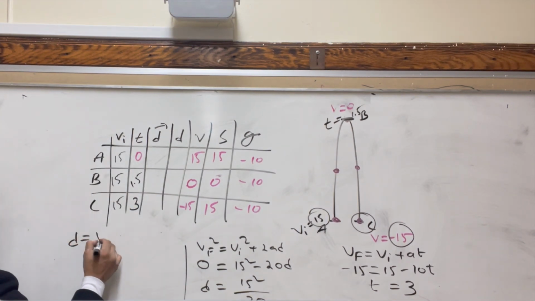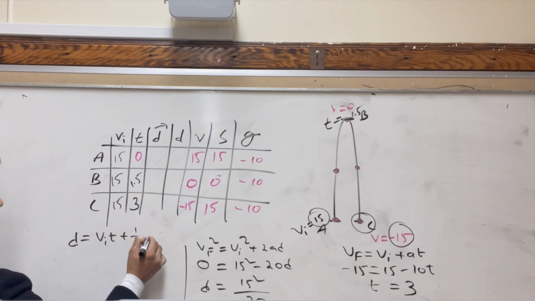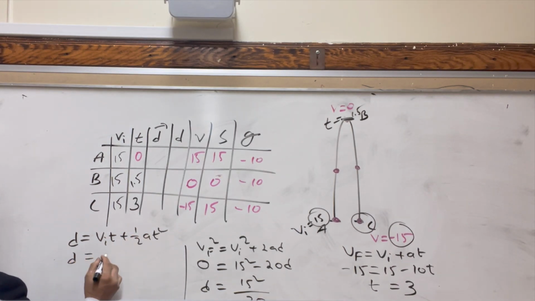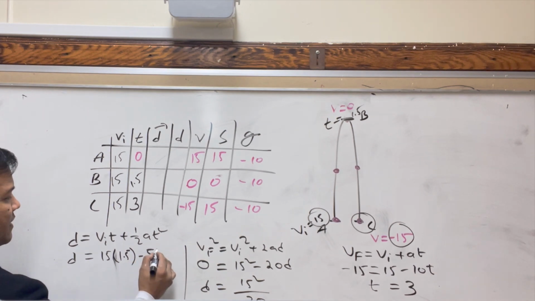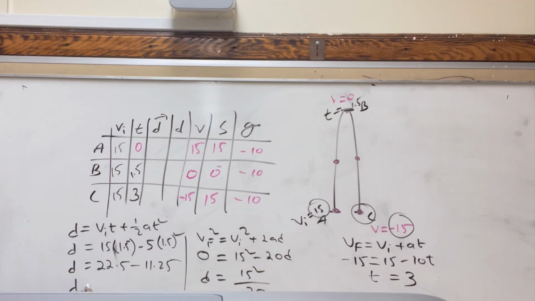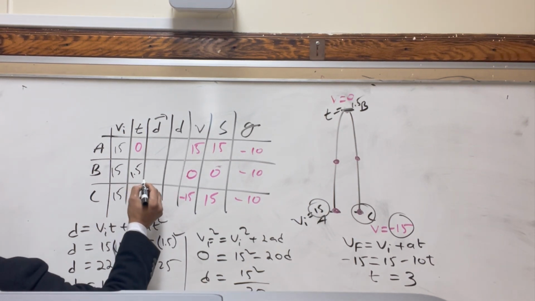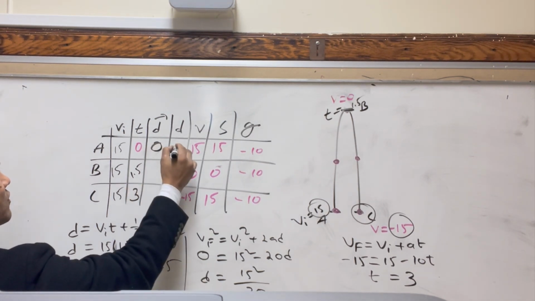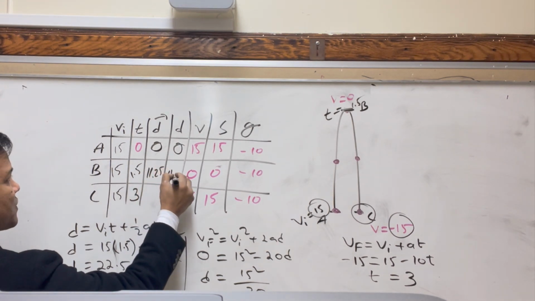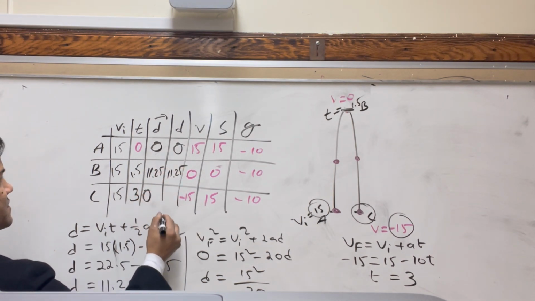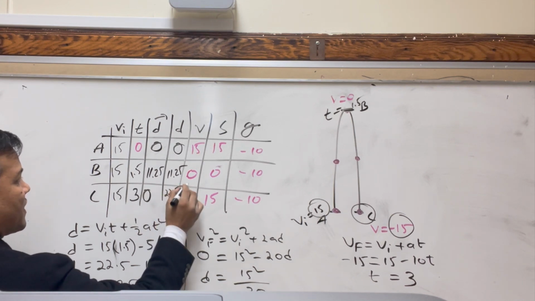You can also find it with Vit plus half At square: d is equal to 15 times 1.5 minus 5 times 1.5 square. This is 11.25 in both cases. So displacement is 0 at A, 11.25 at B, and 0 at C. Distance is 0, 11.25, 22.5.